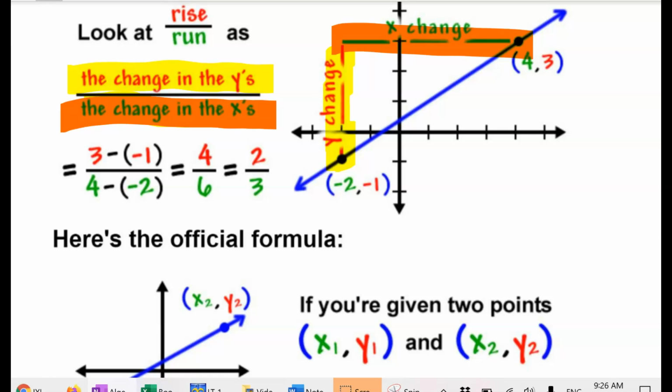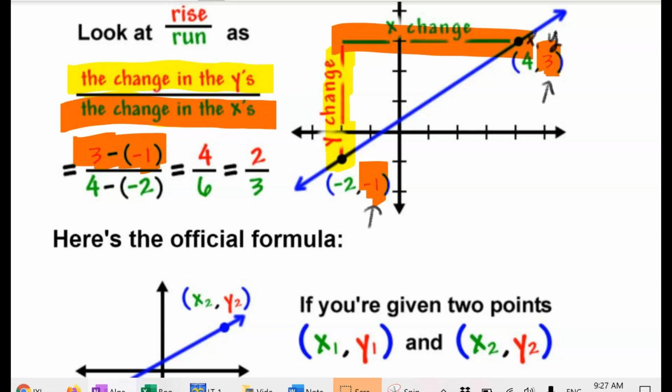So basically you take your 3 from here, and you're going to subtract the negative 1. That's your rise, your y value. Your y values go in the numerator, the top.